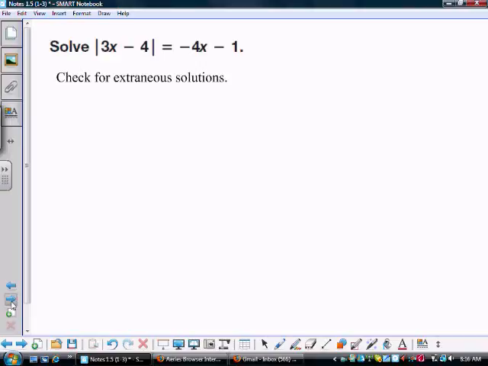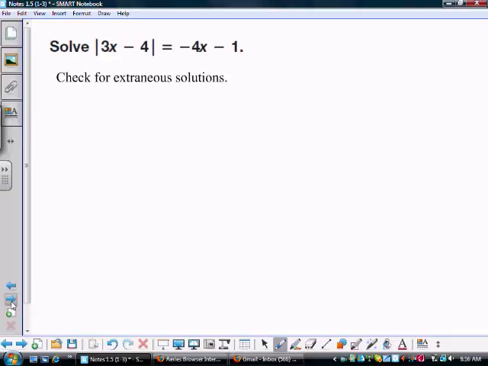And you'll know you need to check for extraneous solutions when you have an absolute value problem that also has some x's not in the absolute value. Okay, so that's when you really have to go looking to see if you have some solutions that don't actually work. Those are extraneous solutions.